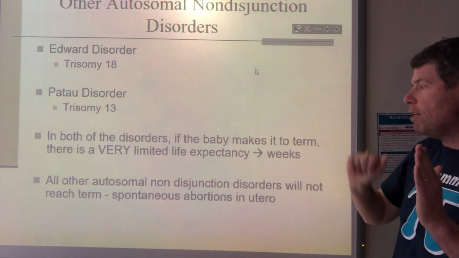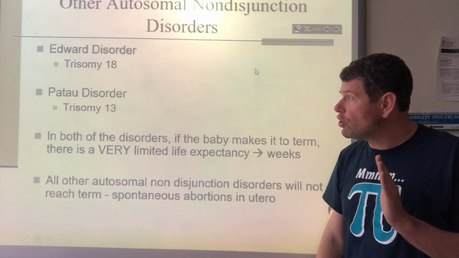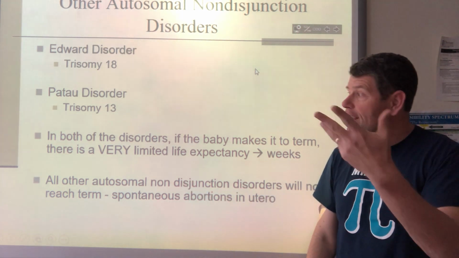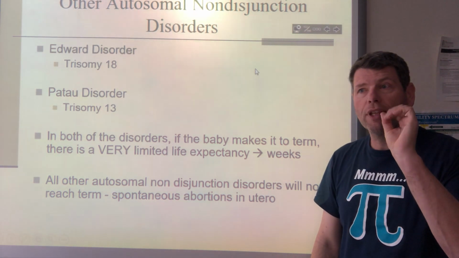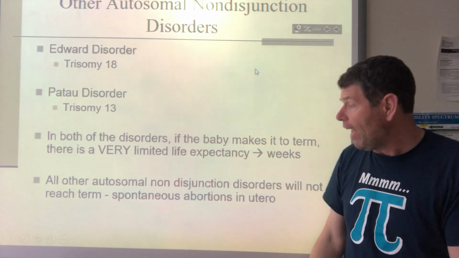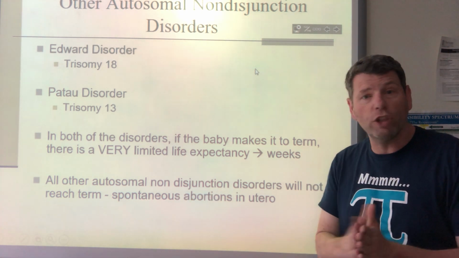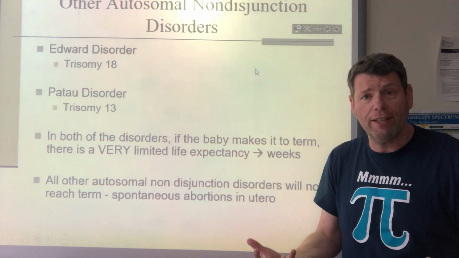The life expectancy may only be weeks. If there are other autosomal non-disjunctions, so say trisomy 16 or trisomy 2, those are even more significantly challenged genetically, and the baby wouldn't even go to term. You'd have some kind of spontaneous abortion or miscarriage event.